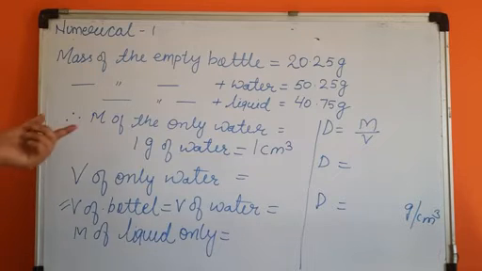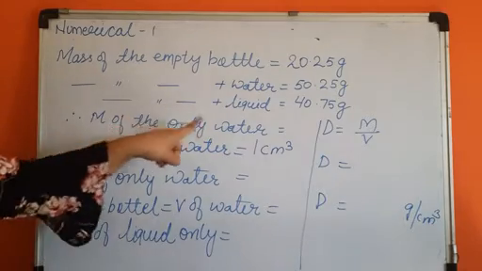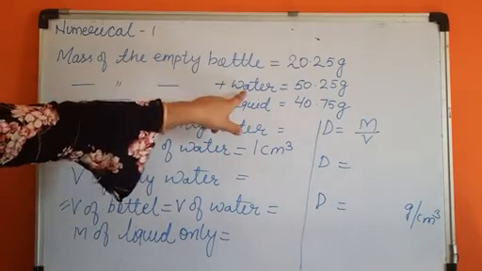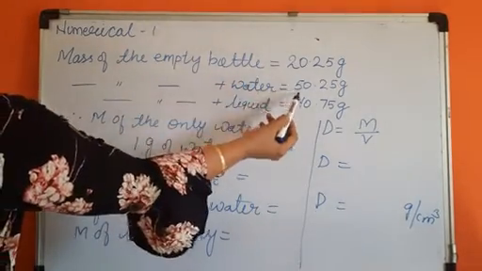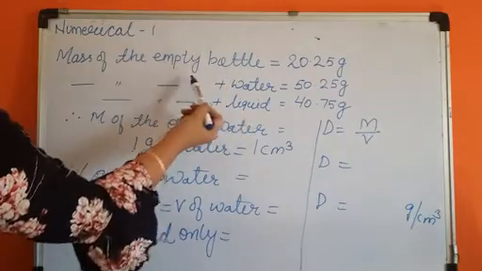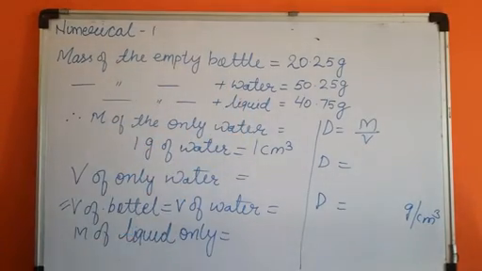Okay, here initially by the derivation we have to determine the mass of only the water. How can you determine the mass of only the water? Equation 2 minus equation 1. Why? Because the mass of the empty bottle will be cancelled.